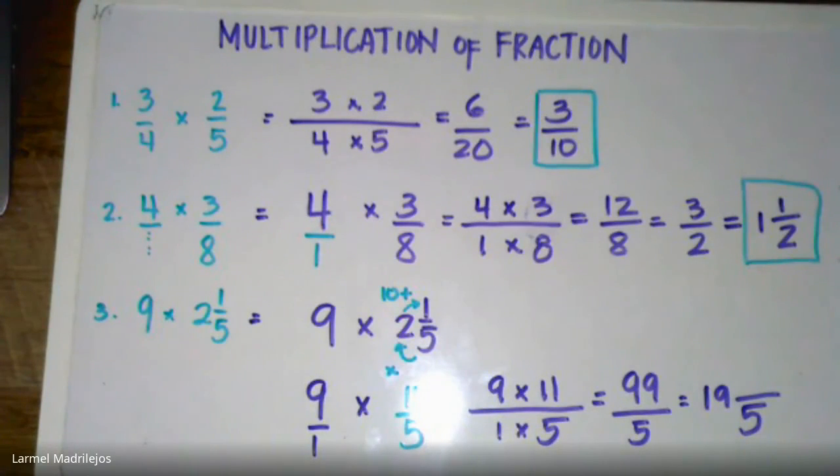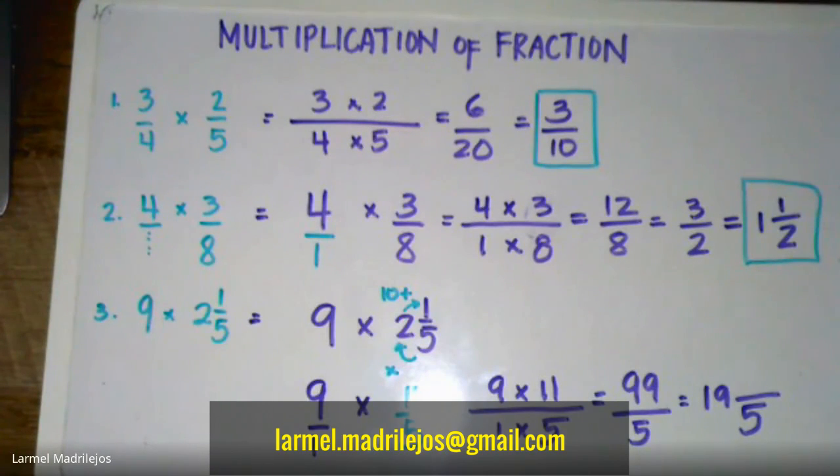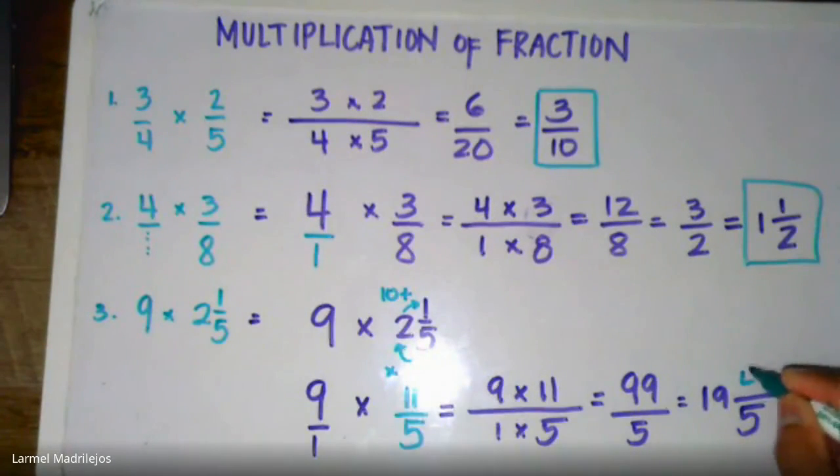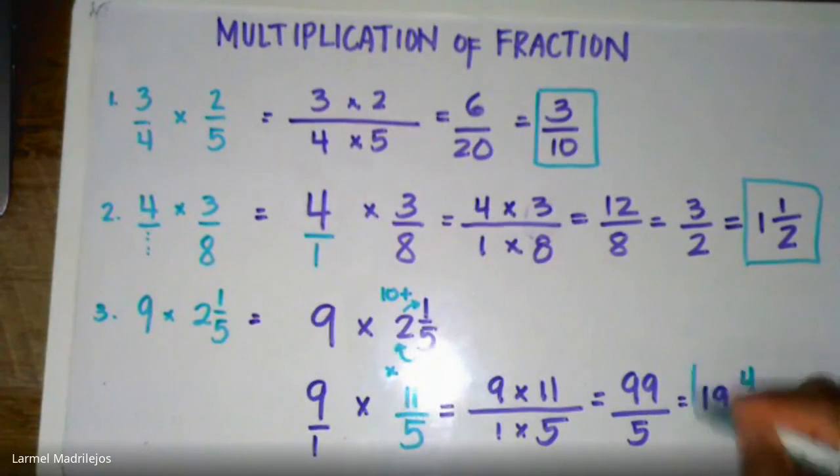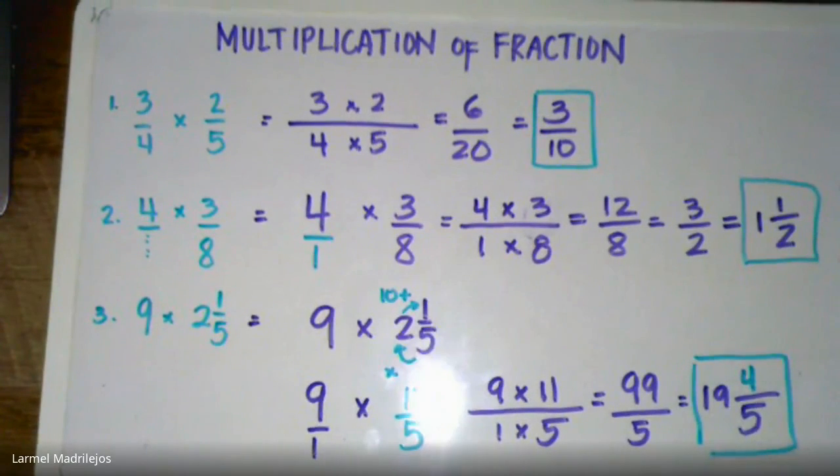So we count from 95: 96, 97, 98, 99. So our remainder is 4. The final answer is 19 and 4/5. Thank you.